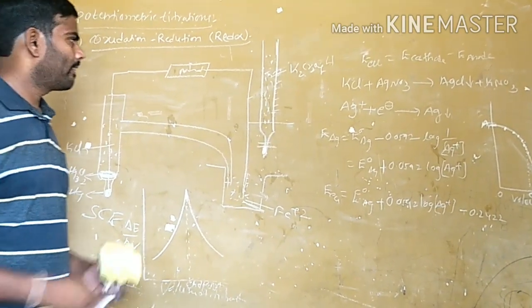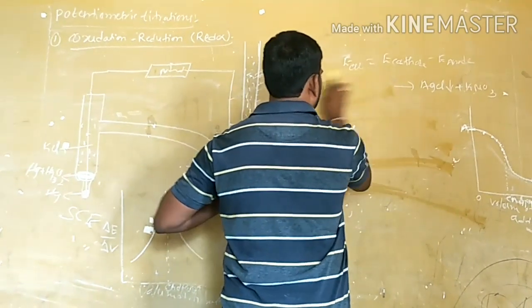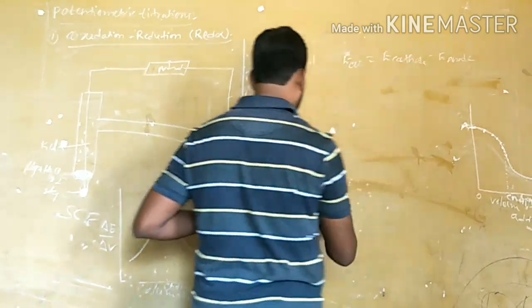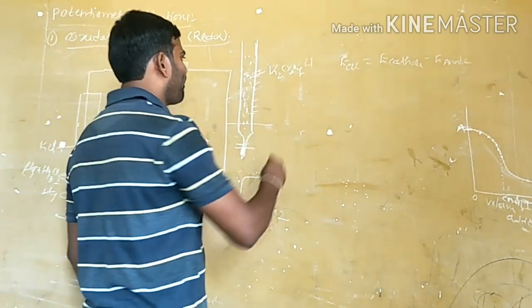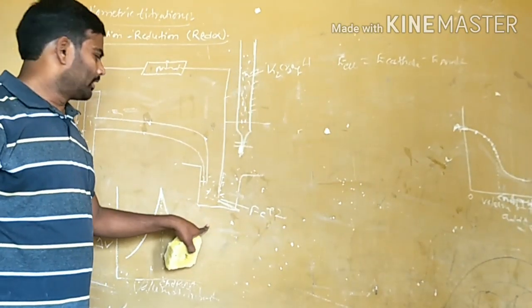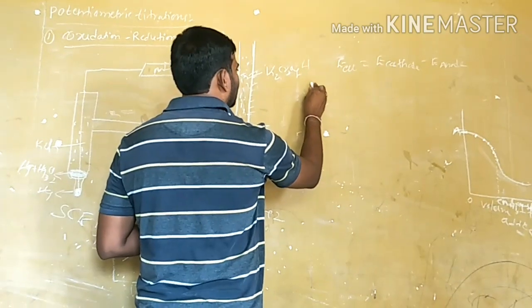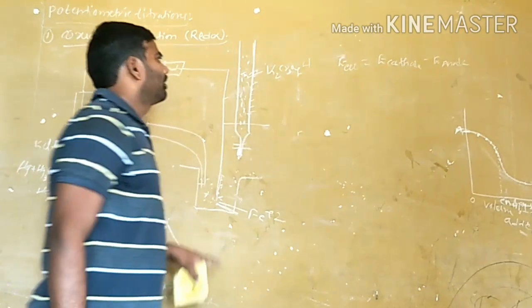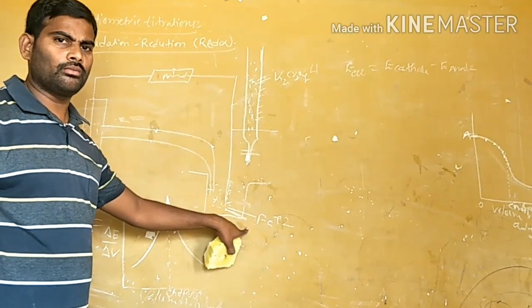Here, at this electrode, this cathode, the reaction occurs when dichromate is added to this ferrous solution.